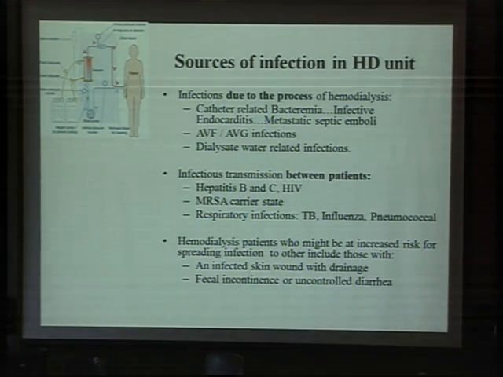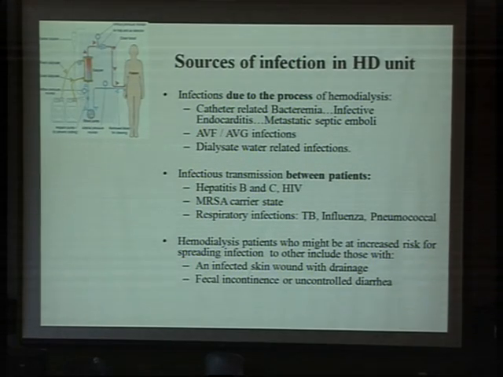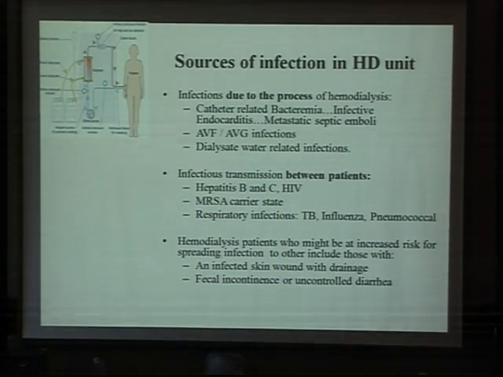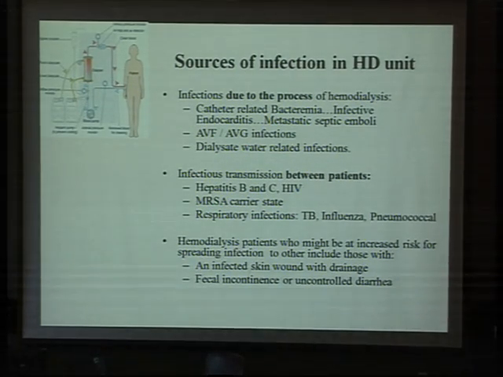We are afraid of a special type of patient who has a wound infection with drainage, which should be completely covered, or if he has fecal incontinence or uncontrolled diarrhea, because we are afraid of Clostridium difficile. And as we mentioned before, Clostridium difficile can survive in the environment up to months as a spore-forming bacteria.